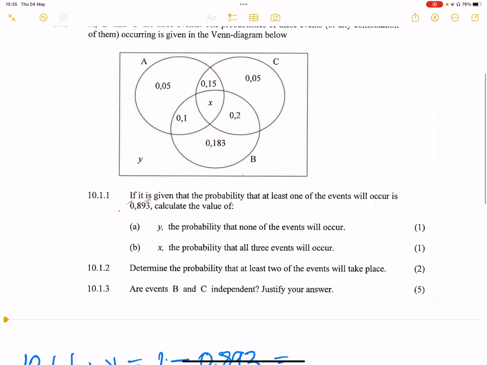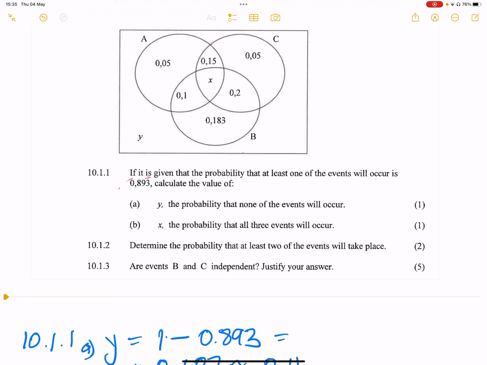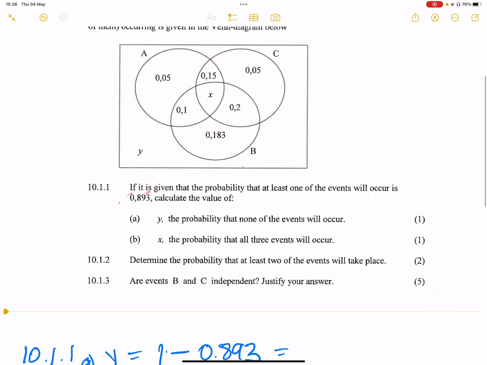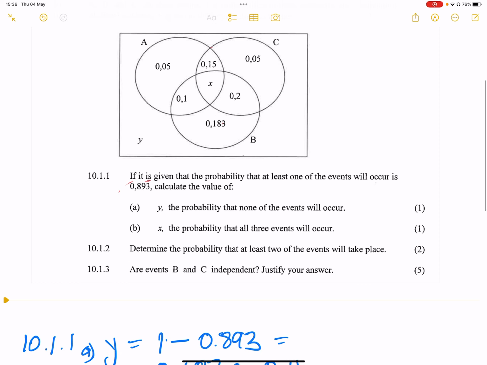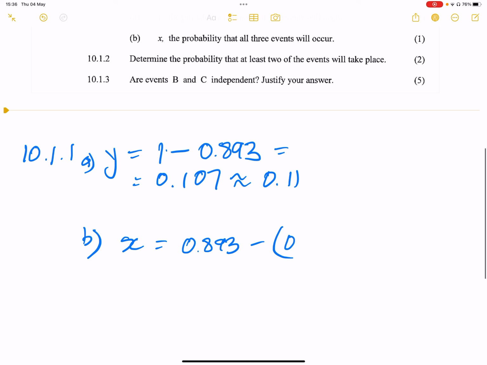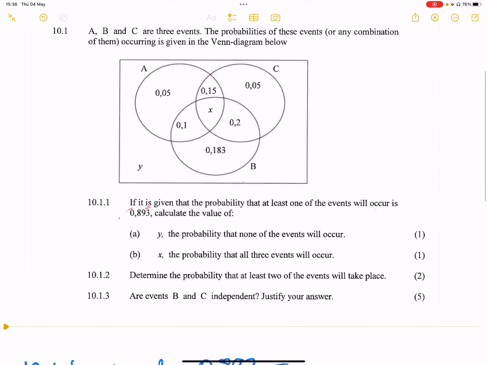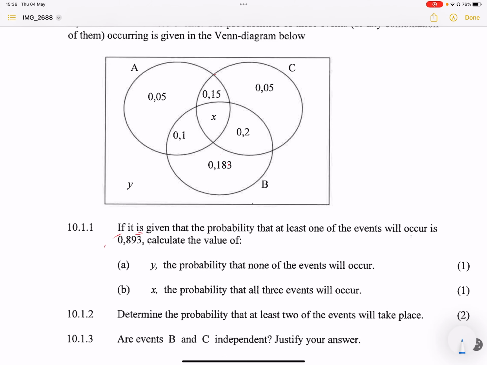Let's go to A first. That's 0.05 plus 0.1 plus 0.15. That will give us, in A alone, 0.3. So 0.1 plus 0.15 will give us 0.25, plus an additional 0.05, that will give me 0.3. Plus, let's go to just B, and remember not to count the same thing twice.